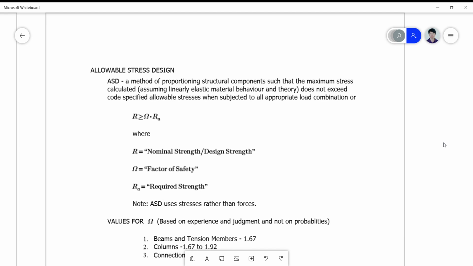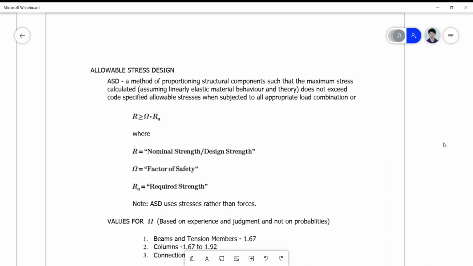Or simply your R, which is again the resistance that we are referring to on our last video, is equivalent to omega, the factor of safety, multiplied by the required strength Ra, where R is the nominal strength or the design strength, omega is the factor of safety, and Ra is the required strength.